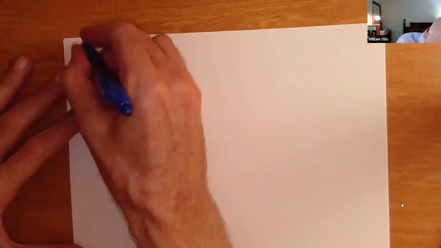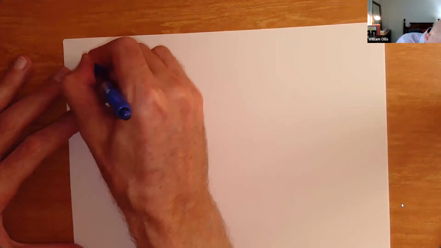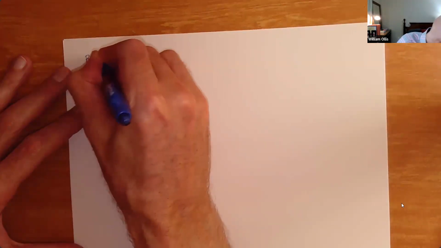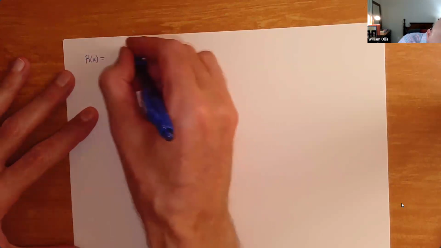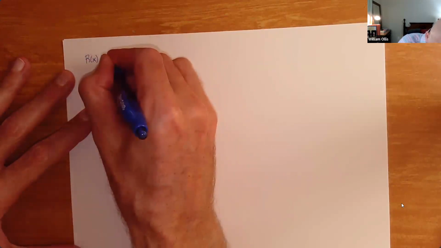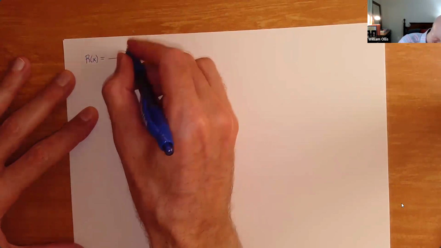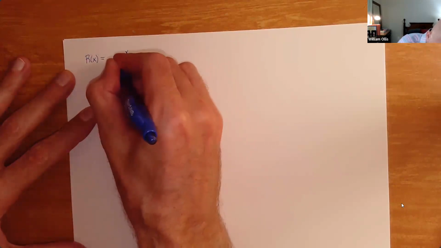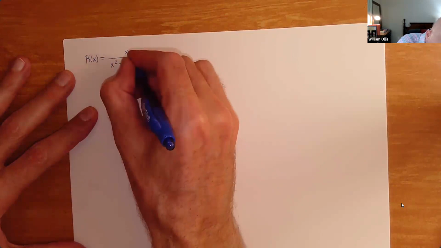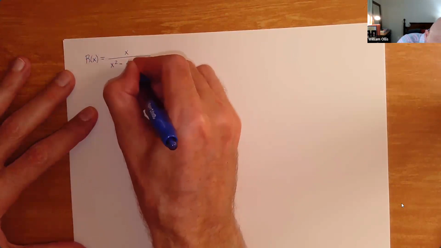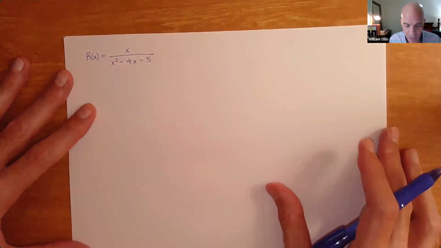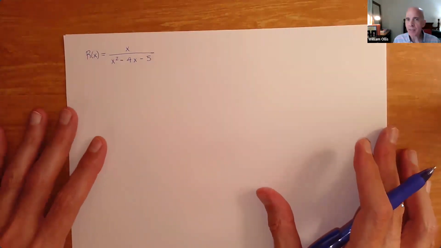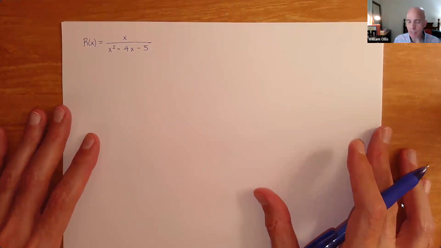It doesn't have as much stuff in it, but it'll be a good example. So let's say we have x over x squared minus 4x minus 5. So let's get some practice with the different types of horizontal asymptotes.